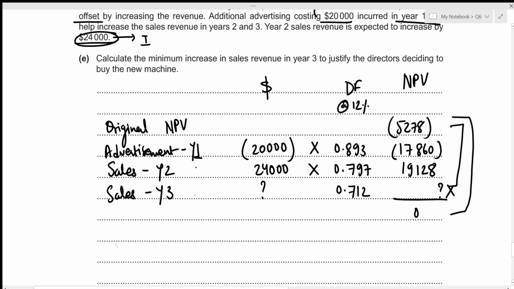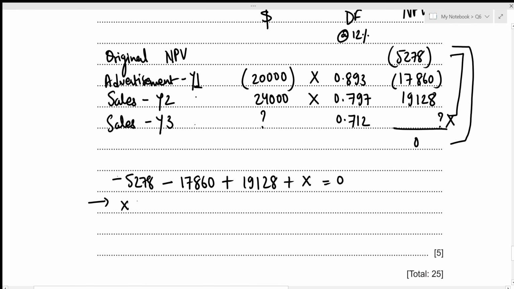So that's negative 5,278, negative 17,860, plus 19,128 plus x to be 0. X is just going to be 5,278 plus 17,860 minus 19,128, and this gives the value of x to be 4,010.